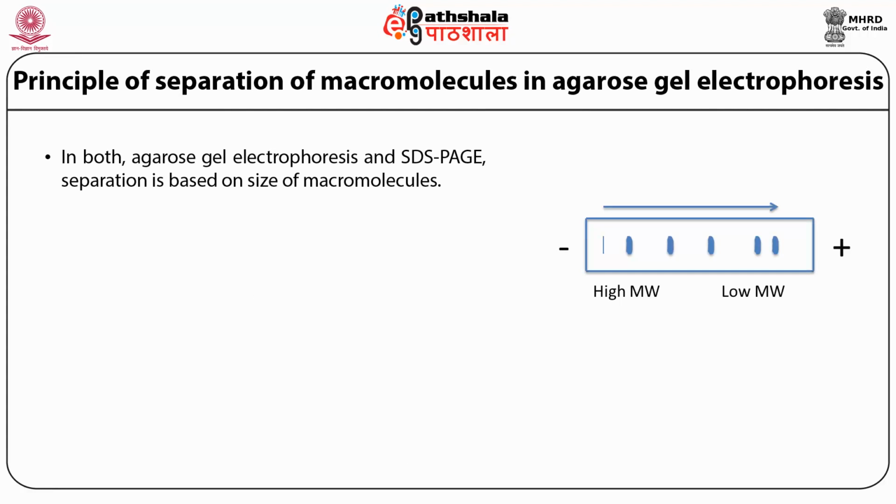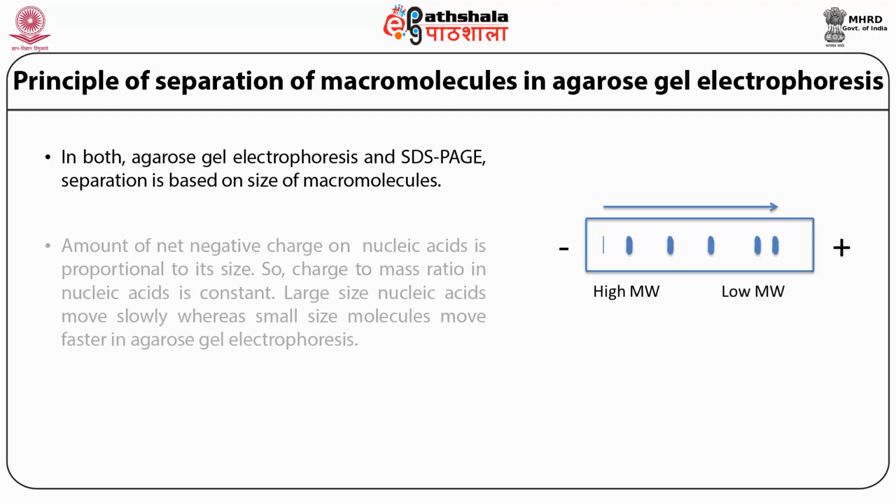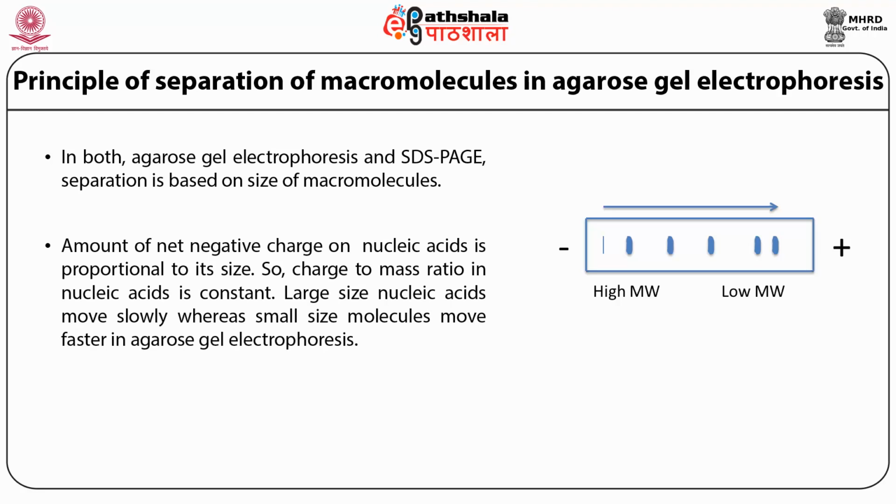In both agarose gel electrophoresis and SDS-PAGE, separation is based on size of nucleic acids and protein respectively. In both cases, charge to mass ratio of respective molecules is constant. In SDS-PAGE, this is achieved by binding of SDS to protein, which acquires net negative charge.